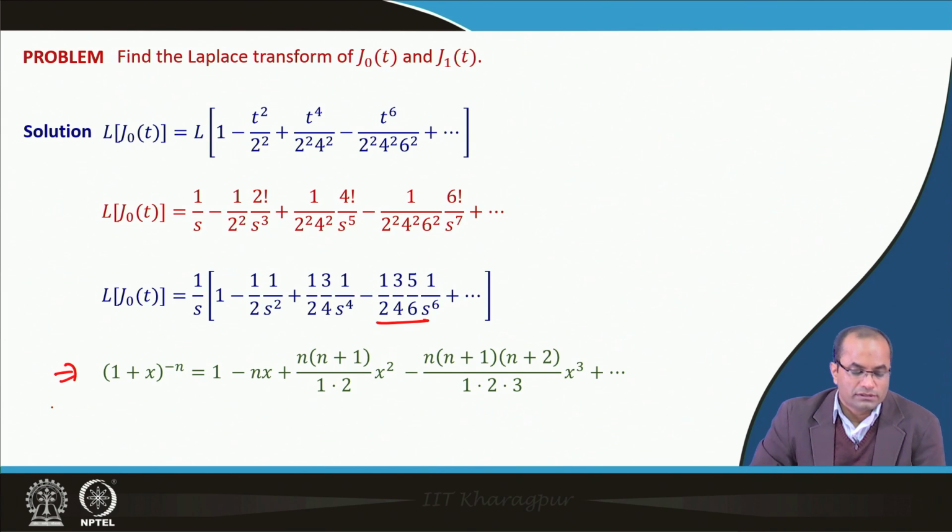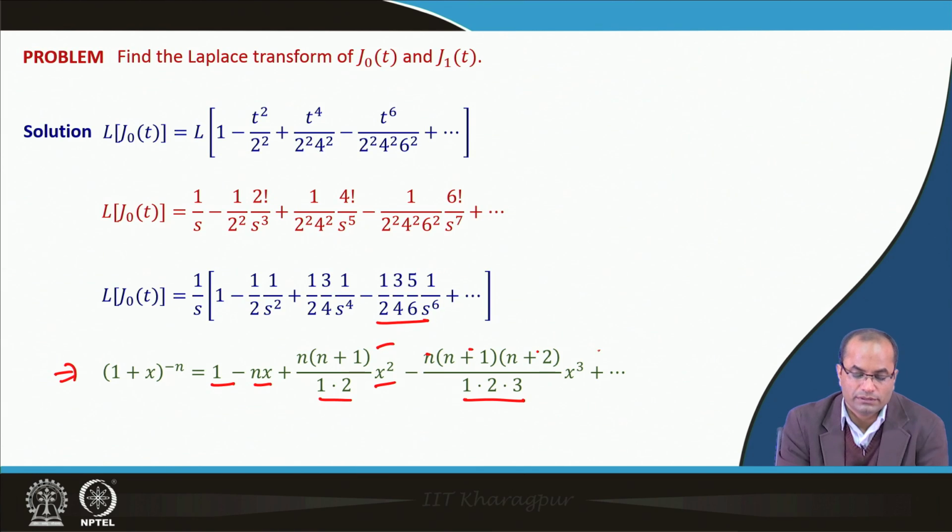So, taking note of the binomial expansion, we have (1 plus x) to the power minus n is 1 minus n x, and then we have n(n plus 1) over factorial 2 times x squared, then n(n plus 1)(n plus 2) over 1 product 2 product 3, and then x cubed. So taking note of this, if we take n equal to half, we will precisely get this, because here we have this half and it is matching.